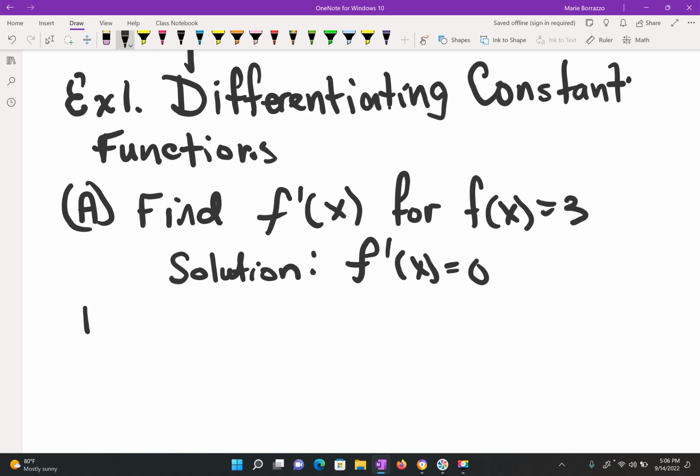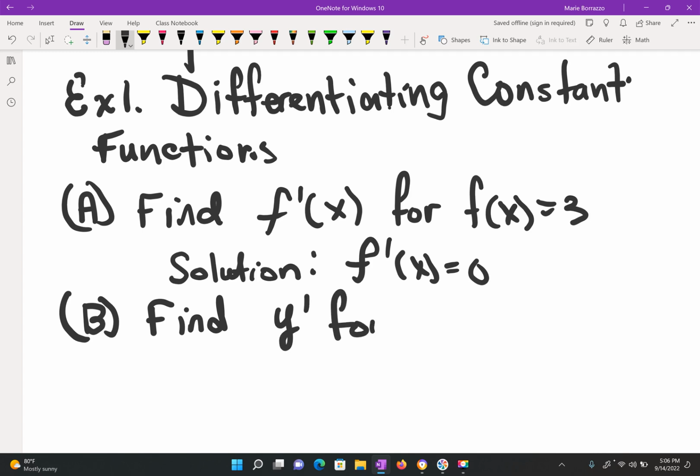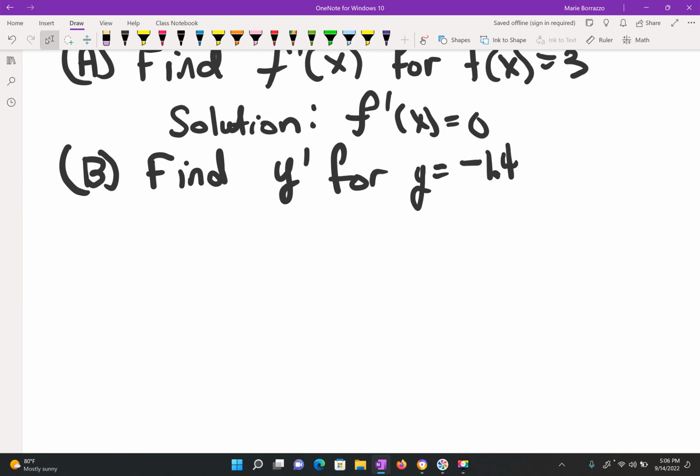The other notation is very simple, similar in concept. If I said to you, find y prime for y equals negative 1.4, you would still, in this case, say your solution is y prime equals 0.